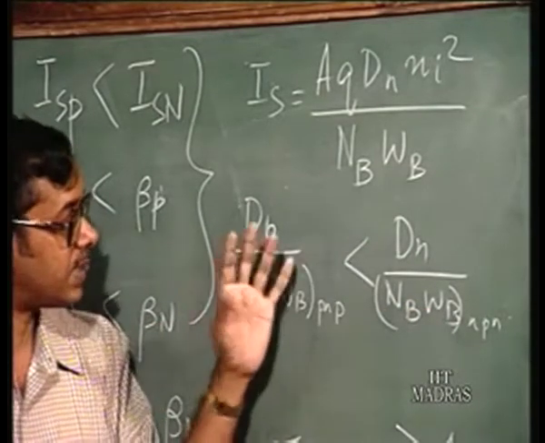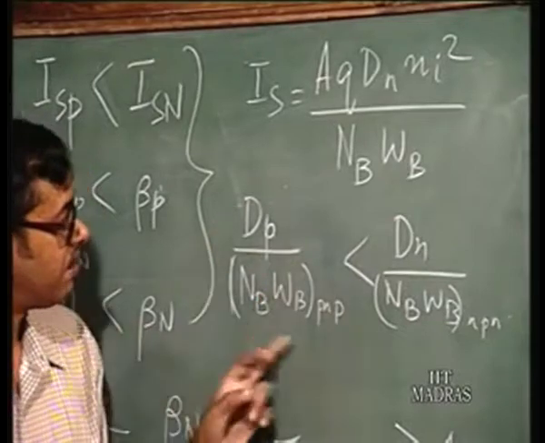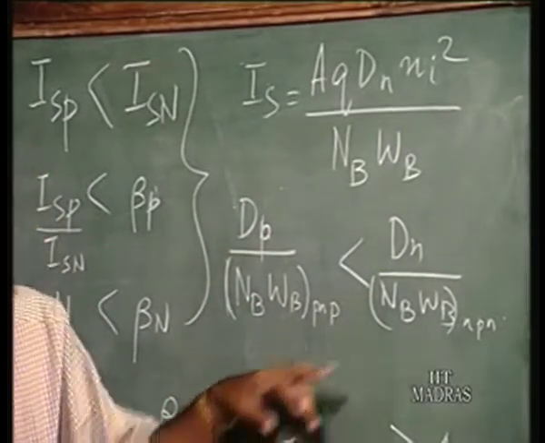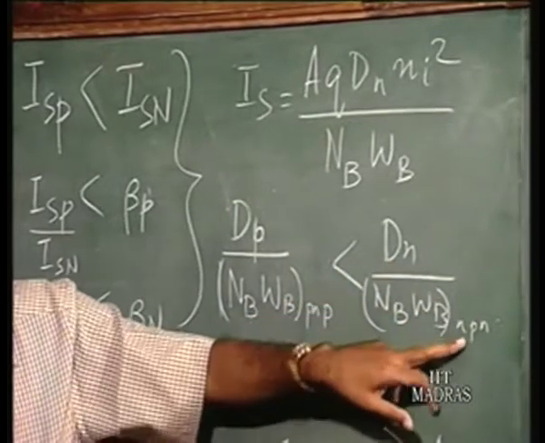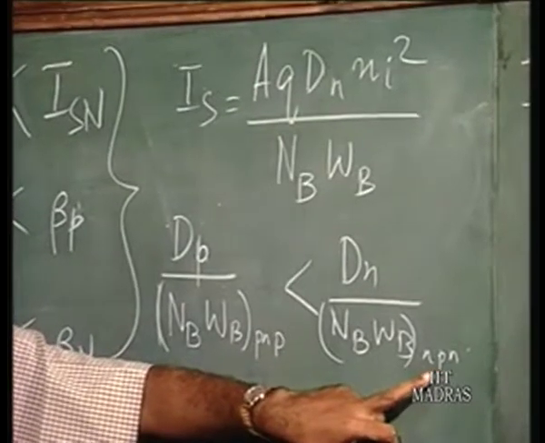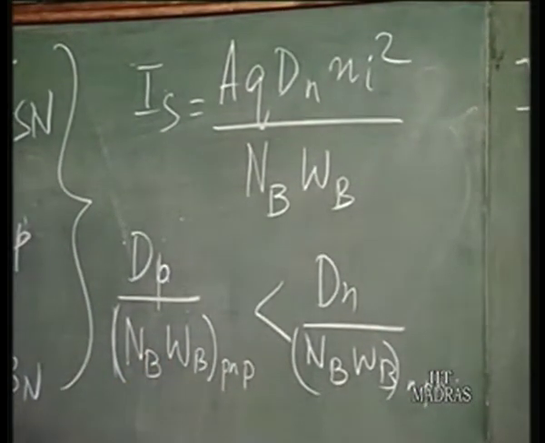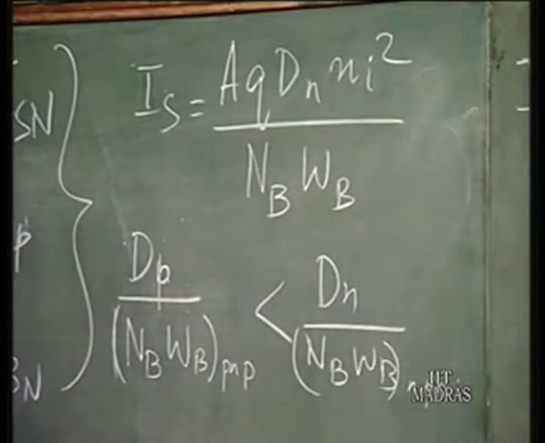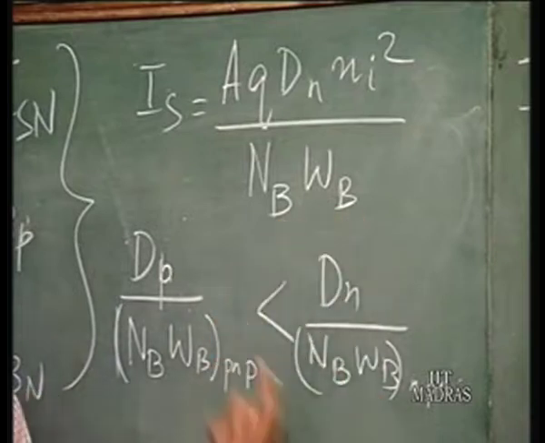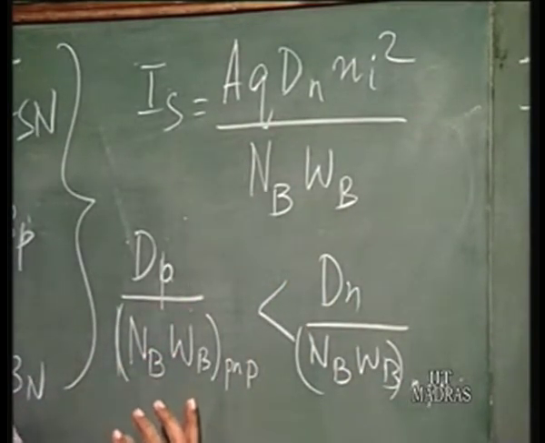So, if this has to be less than that, this expression on the left hand side has to be less than that on the right hand side. So, this number for the NPN must be less. Okay. NBWB for NPN must be less than that of NBWB for PNP. Okay. All right, isn't it? So, that this term on the right hand side is much greater than the term on the left hand side.